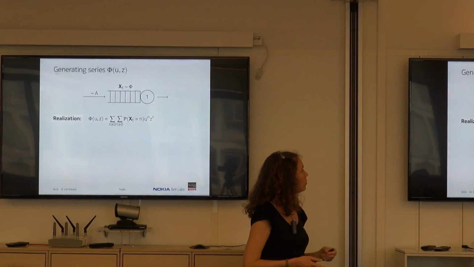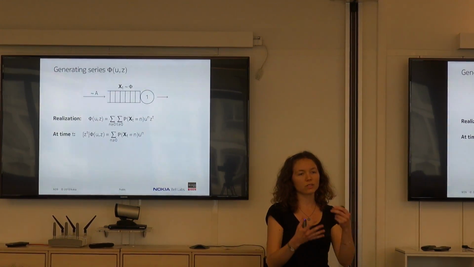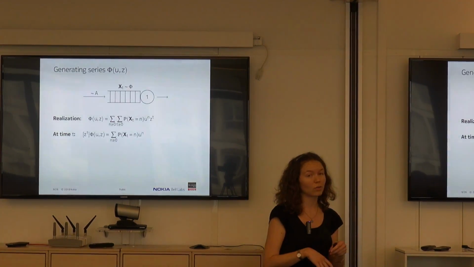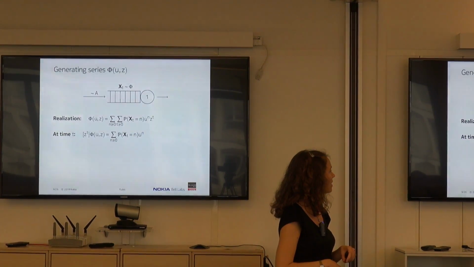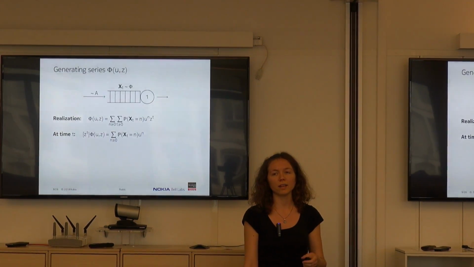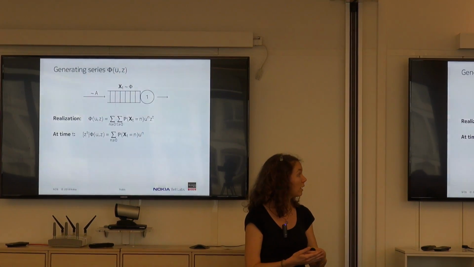So if we just want to understand a bit better this generating series, if we extract the coefficient of z^t, we'll obtain the sum over n of the probability that x_t equals n, times u^n, which is exactly the generating series of the distribution of the queue state at time t.